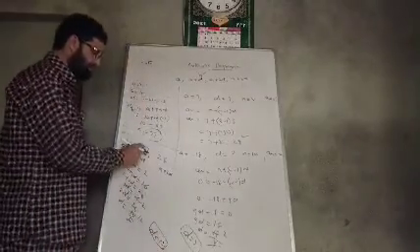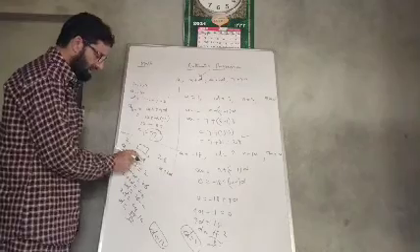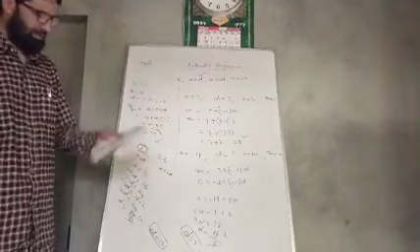Now D is 12. Now you have to find the second term. A is 2 and D is 12. 2 plus 12 is 14, obviously. So this is 14.